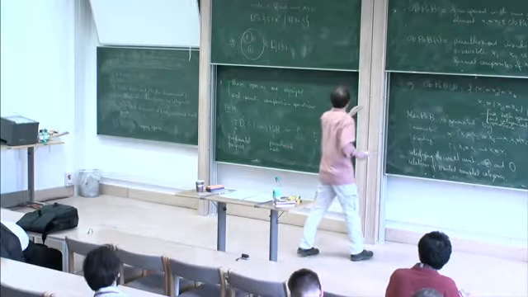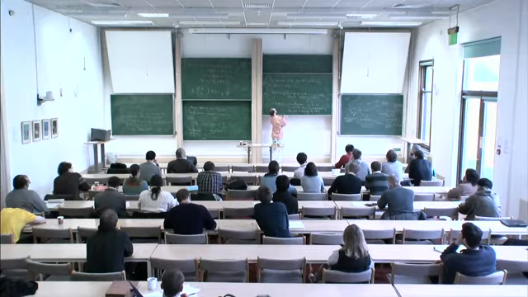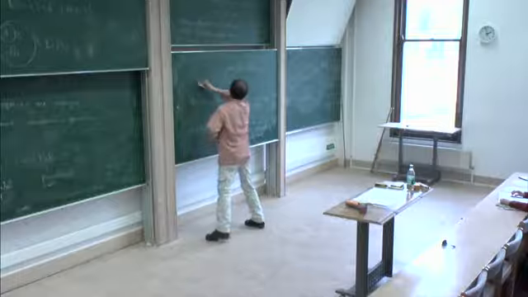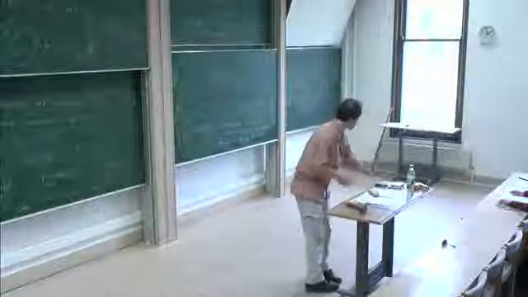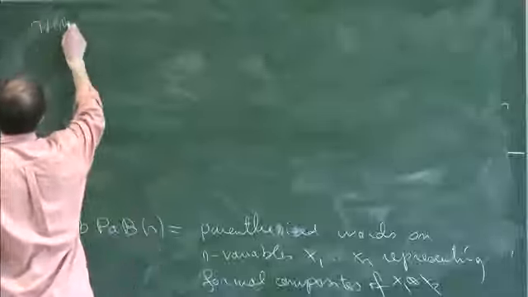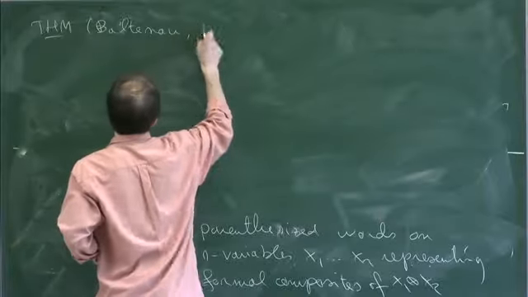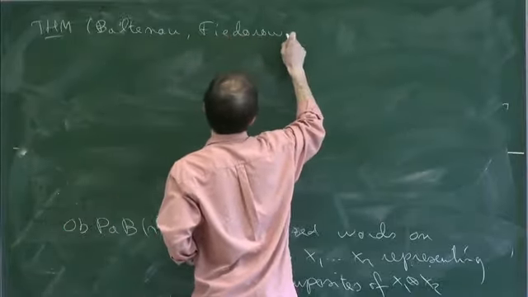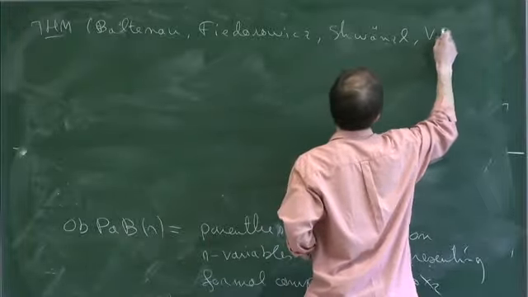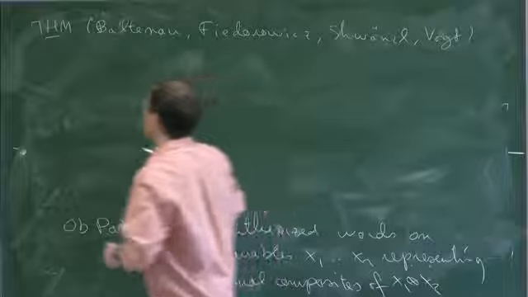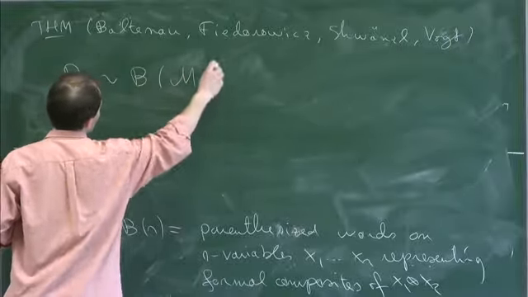In higher dimension, what you have is the following result. It's a theorem by four authors, which are Batanin, Fiedorowicz, Dwyer, and Hess, which says that Dn is equivalent to the classifying space of another operad, which I will denote by Mn.